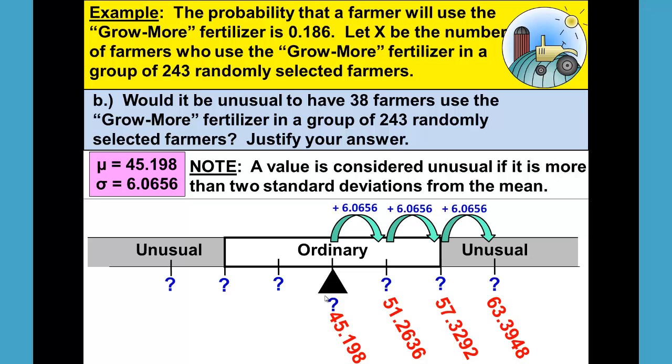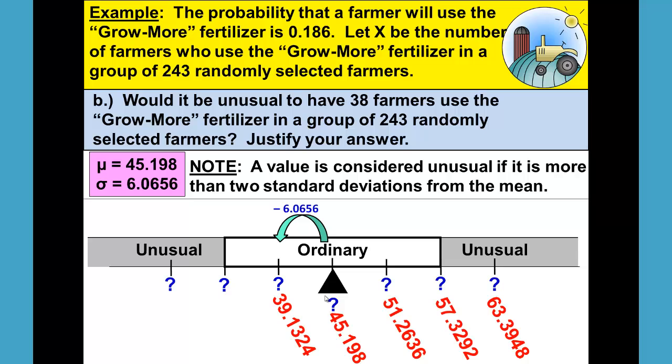63.3948. We will repeat that process by moving to the left, and in this case subtracting the standard deviation. 45.198 minus the standard deviation leaves us 39.1324.